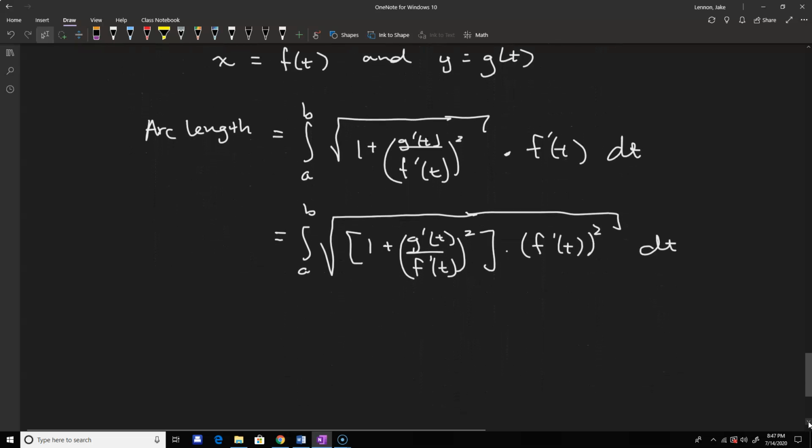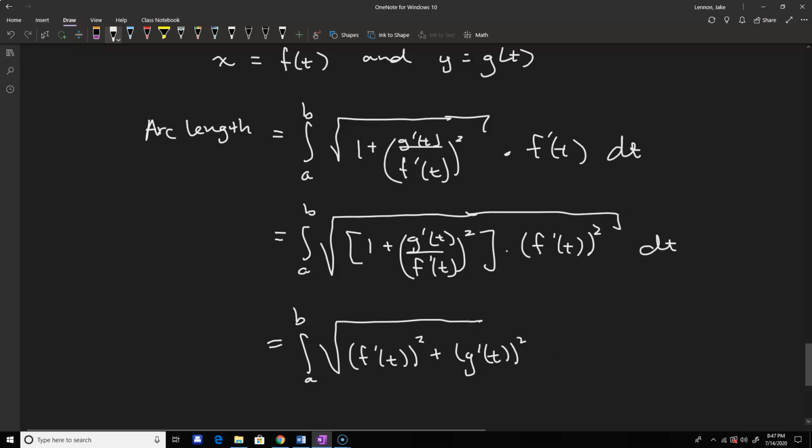When you distribute the f prime of t squared, we just have the integral from a to b of the square root of f prime of t squared plus g prime of t quantity squared times dt.